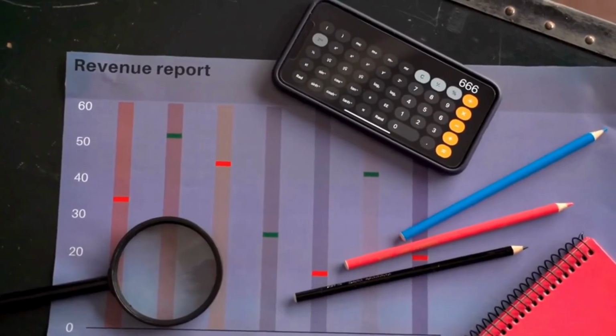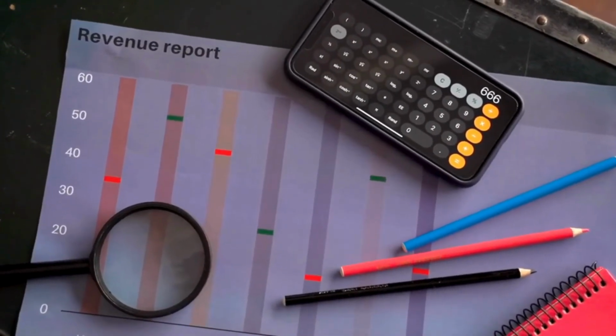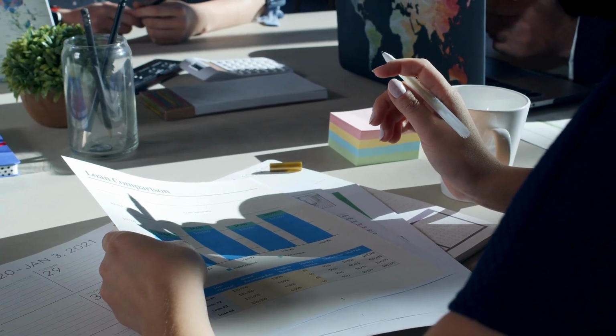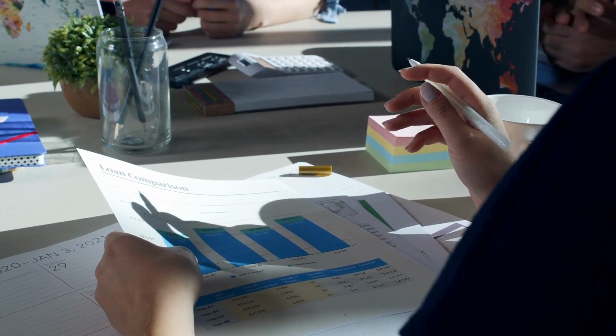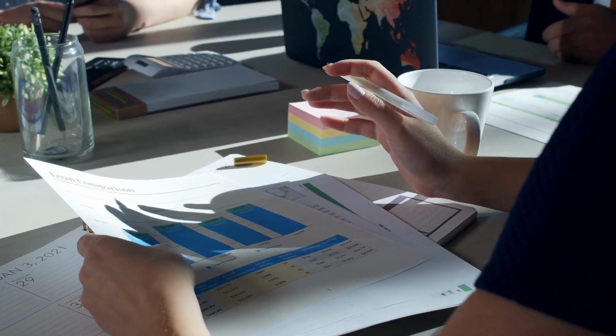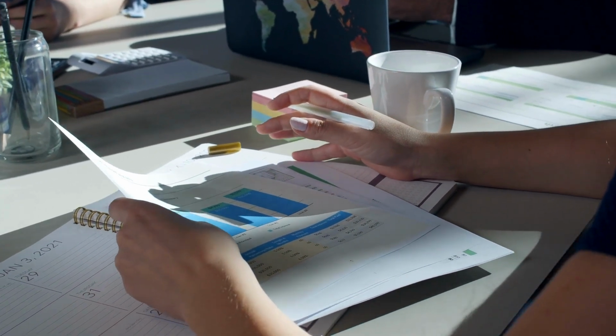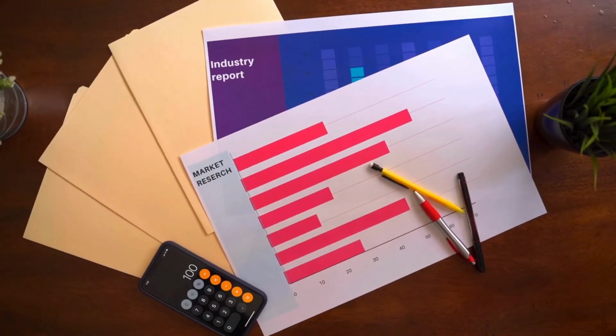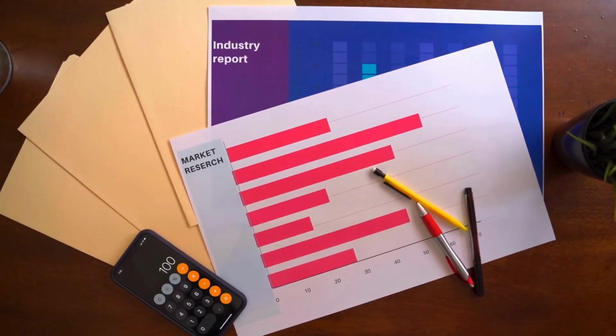Key items include assets, liabilities, debt levels, book value, and working capital. 3. Cash flow statement shows real money flowing in and out. Operating cash flow and free cash flow are crucial to judge financial health.